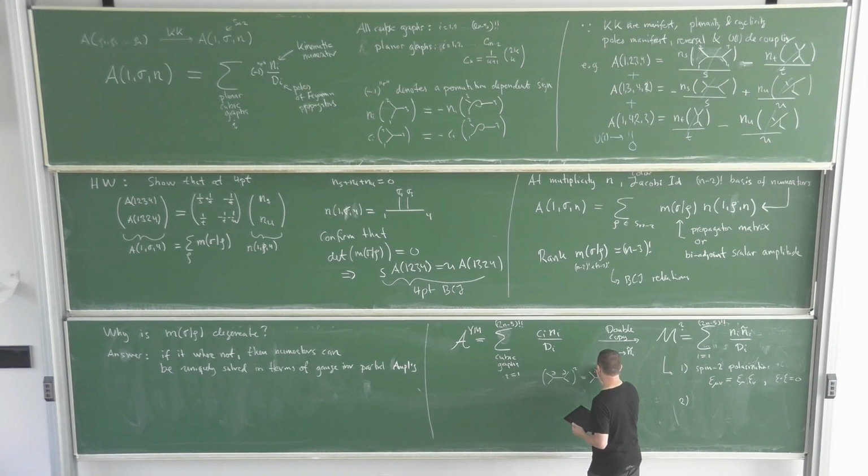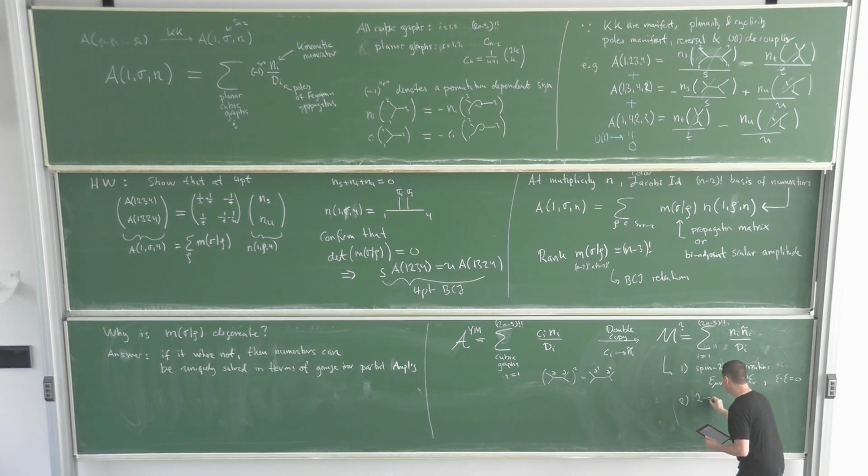So this is two derivative in each vertex. So this is a two derivative cubic interaction. And I say cubic here because we're using cubic diagrams.